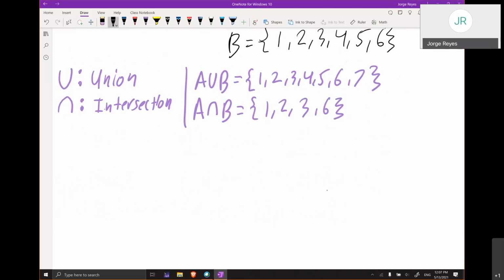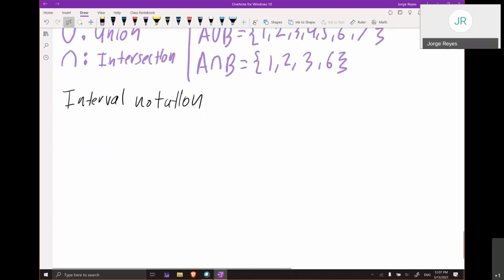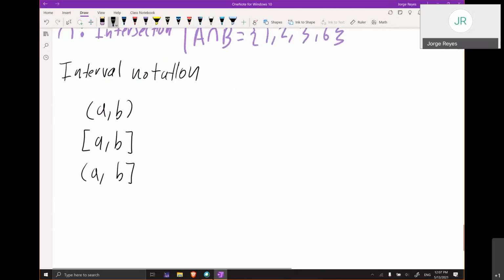What is important, and this is definitely on your test for sure, is interval notation. This is what we write with parentheses, with brackets, or semi-open.